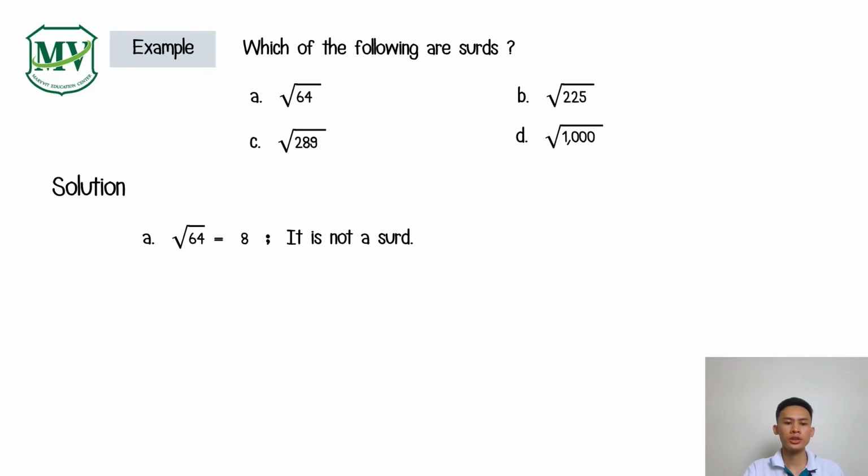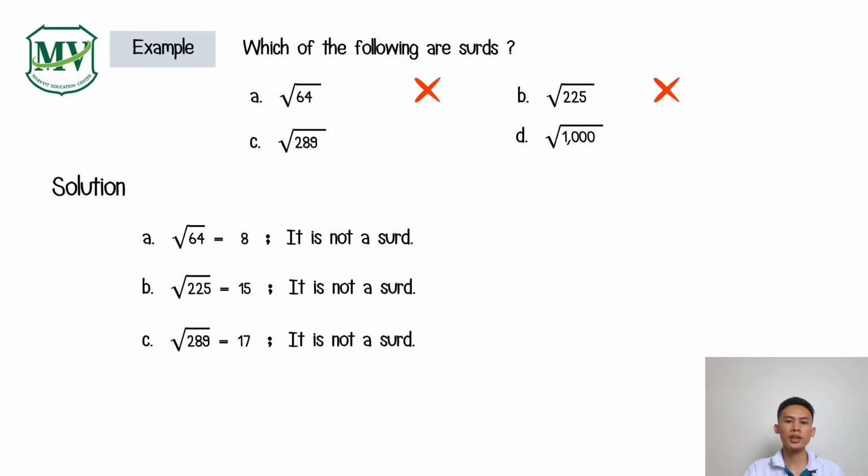Letter A, square root of 64 is equal to 8. It is not a surd. Letter B, square root of 225 is equal to 15. It is not a surd also. In letter C, square root of 289 is equal to 17.